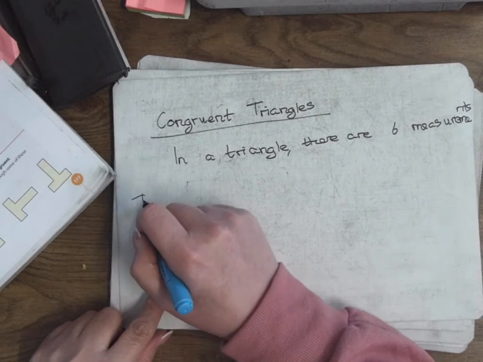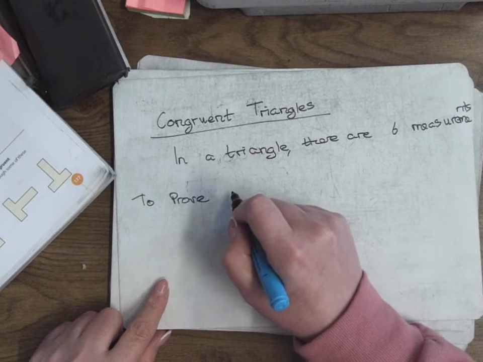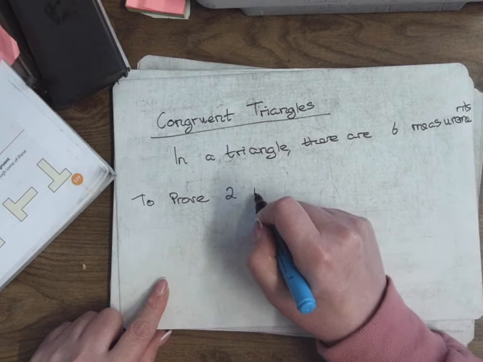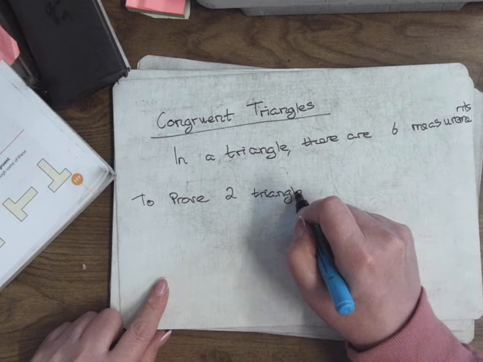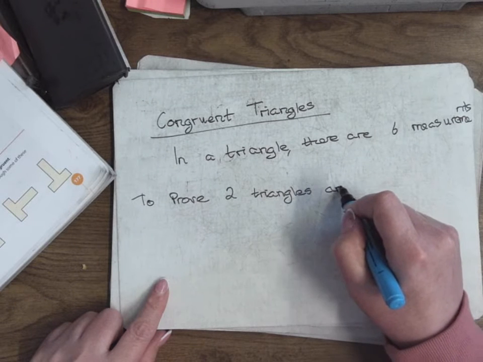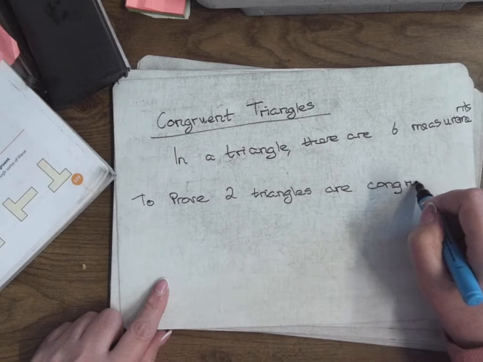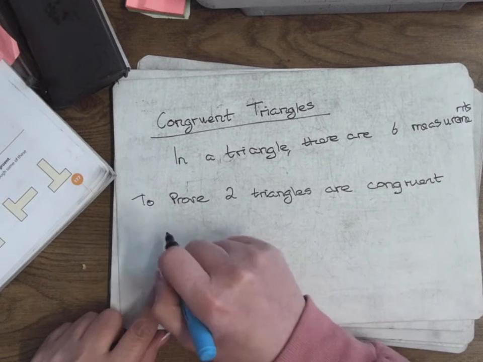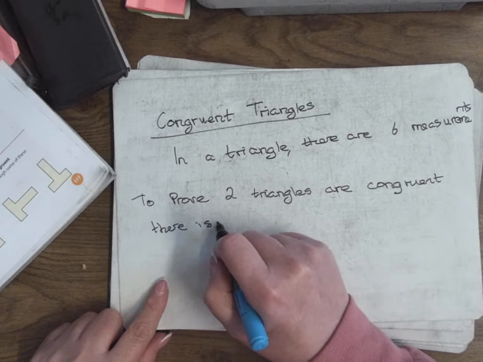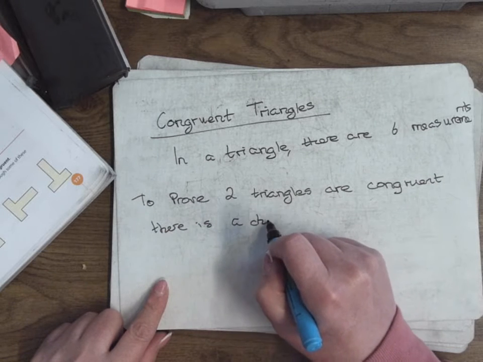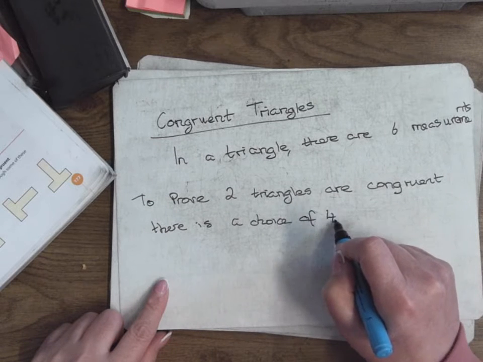And to prove 2 triangles are congruent, we have shortcuts. There is a choice for shortcuts.